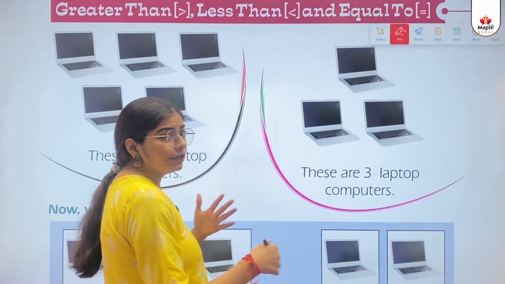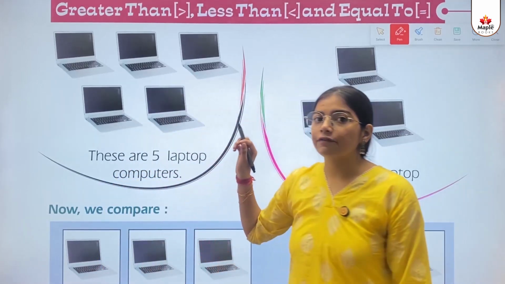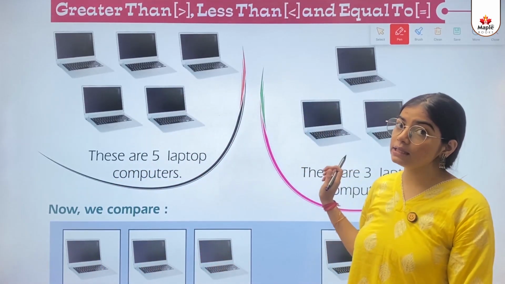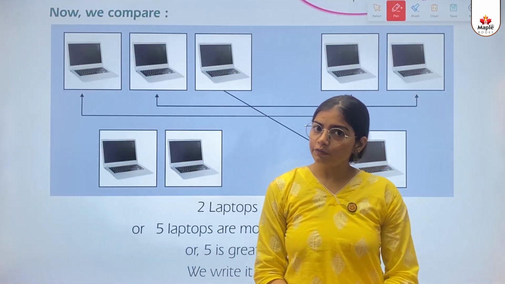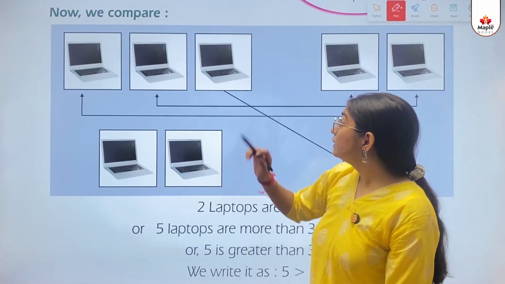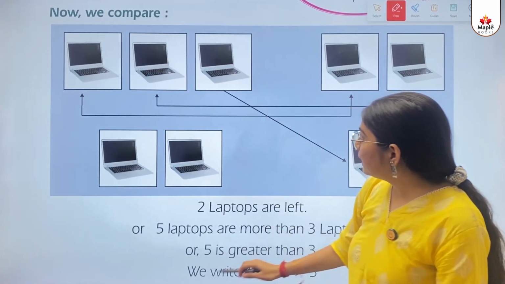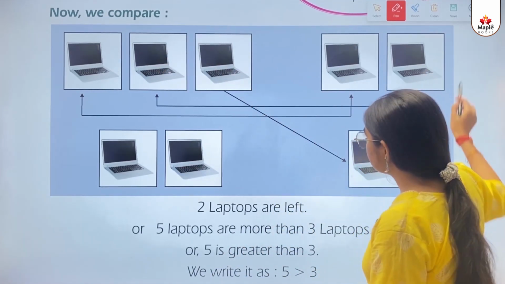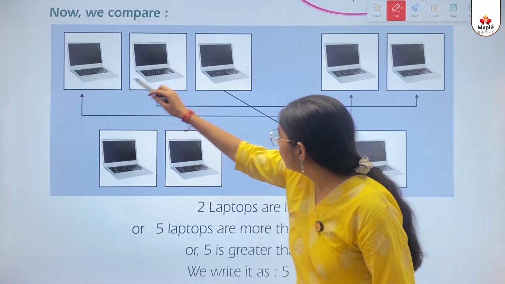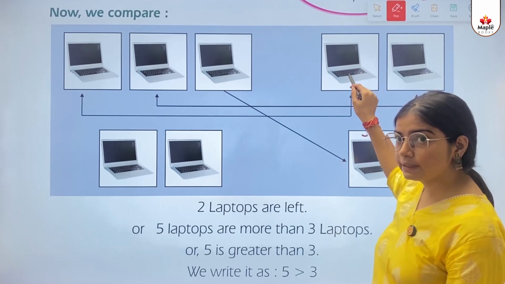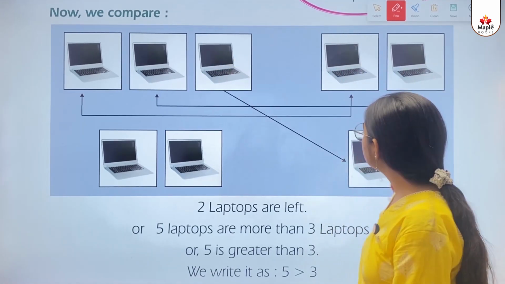So, what you need to remember from these? In the first side, there are 5 laptops and in the other side, there are 3 laptops. Now we will compare these two sides with each other. We will compare the first laptop with the first laptop, another with another one, third one with third one.